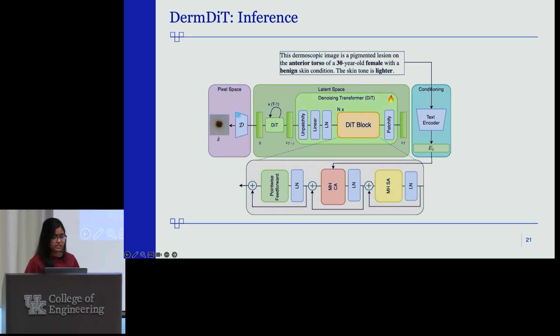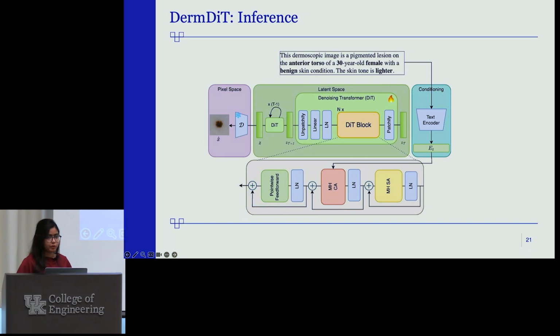Like if we want to generate a benign skin disease dermoscopic image with a lighter skin tone, it will have those attributes in the text, and it will be passed to the text encoder to get the text embedding, and then it will pass to the DiT block, and the diffusion process will start from the latent of noise and convert it to a less noisy image based on the condition of the text embedding.